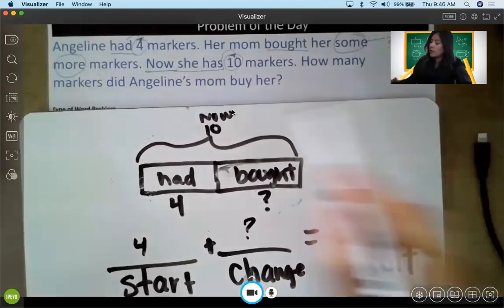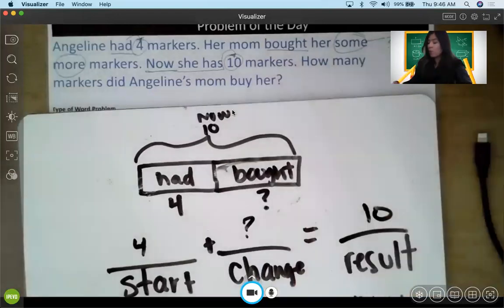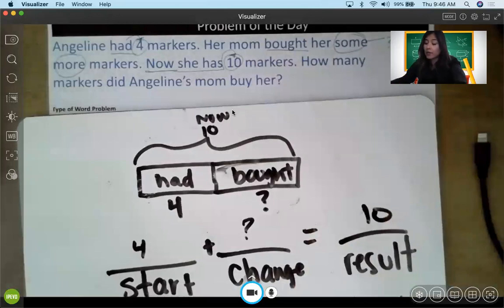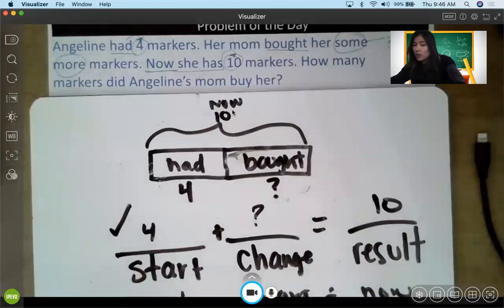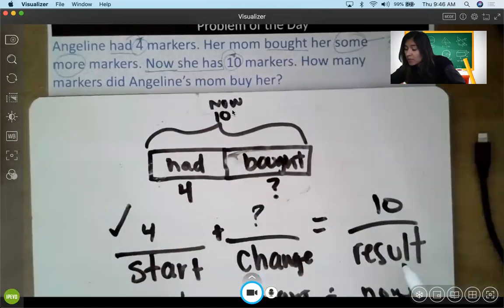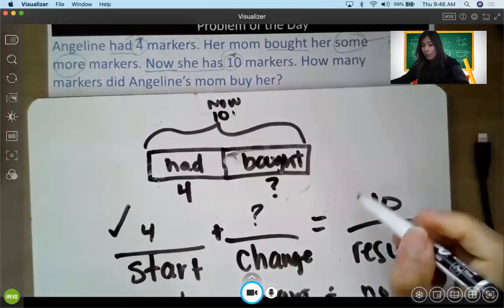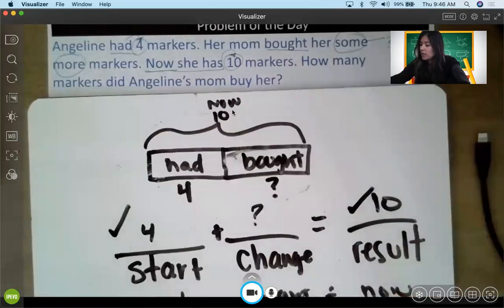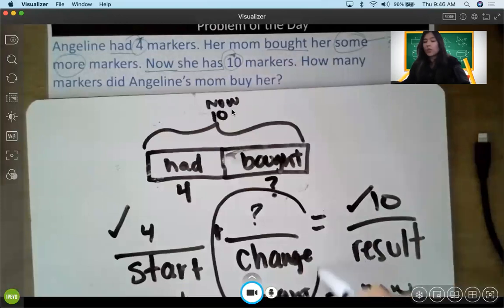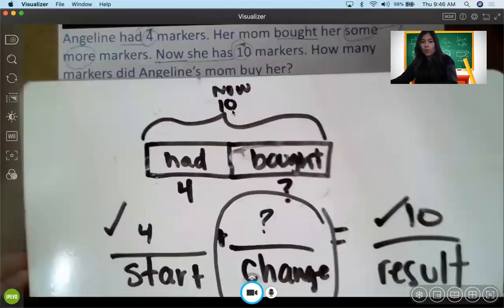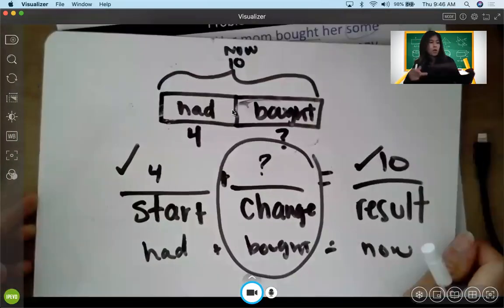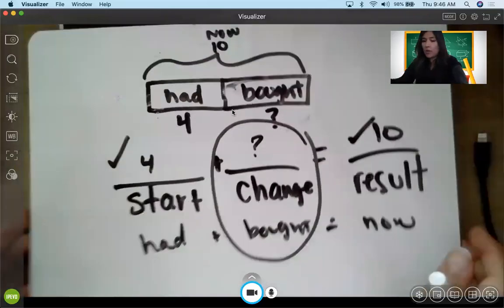Okay, so boys and girls, right here, I can determine the type of word problem it is. Well, it's not a start unknown because it tells me how many she started with. It's not a result unknown because the problem tells me how much she has now, right, at the end. But what it doesn't tell me is how much her mom bought her, and that is the change. So this is a change unknown problem. So now we're going to go back to our word problem, and we're going to go ahead and identify.